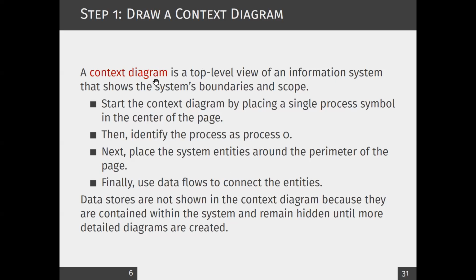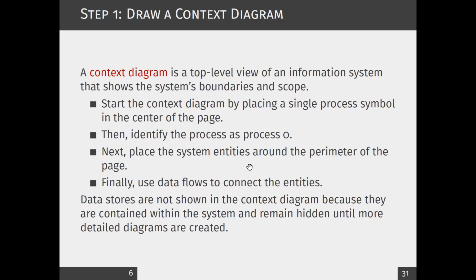So when you're putting up a context diagram, you put a single process, which should be in the center of the page, and then you put the process number 0. Right? And then we will have entities around the perimeter.